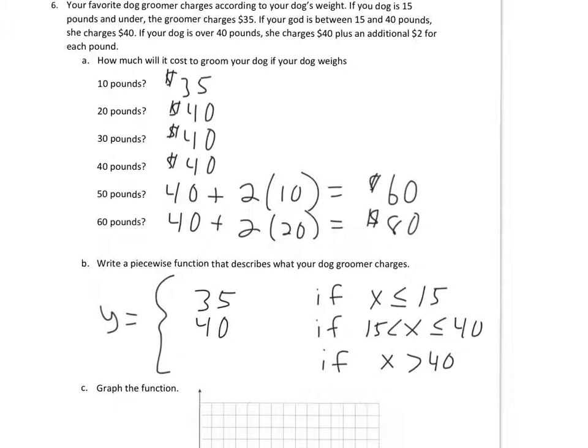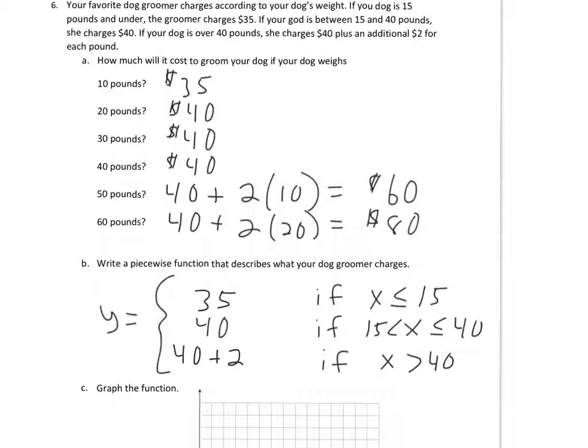The last one's the kind of tricky one. If x is greater than 40, she's going to charge $40 plus an additional $2 for every pound over 40. Now you can't just use an x here because x represents the total pounds, not just the pounds over the 40.